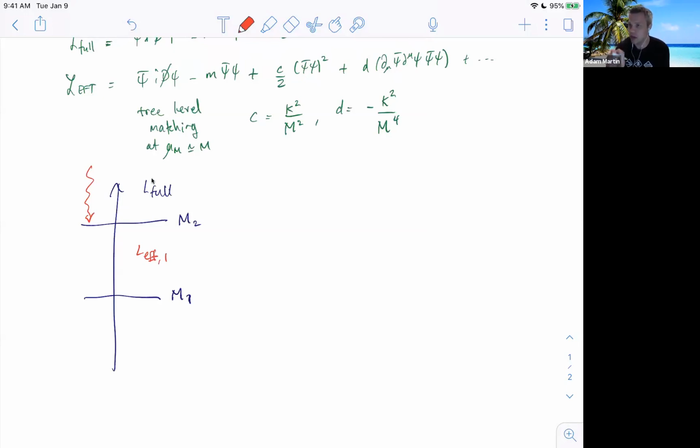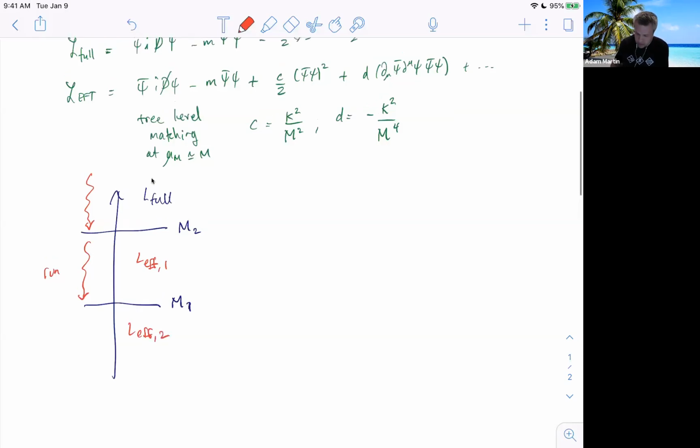We've encoded the effects of M2 in coefficients. We would then run within L effective 1 down to the next threshold, M1, integrate out M1, and match onto yet another effective theory, L effective 2, that has neither M1 nor M2, and we would keep running.